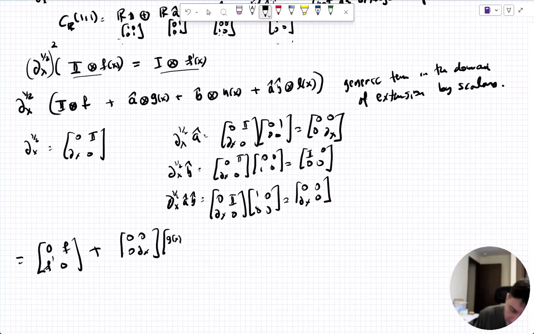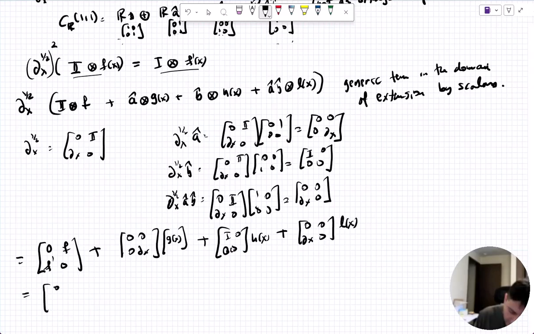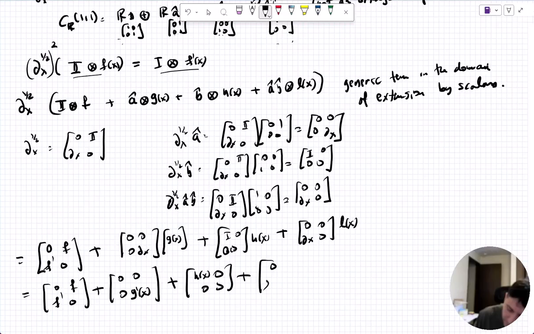So let's call it g of x, basically, plus the identity 0, 0, 0 h of x plus 0 d/dx, 0, 0 acting on L of x. So I get 0 f prime 0 plus 0, 0, 0 g prime of x plus h of x 0, 0, 0, 0 plus 0 L prime of x 0, 0, 0. So we get the following result.